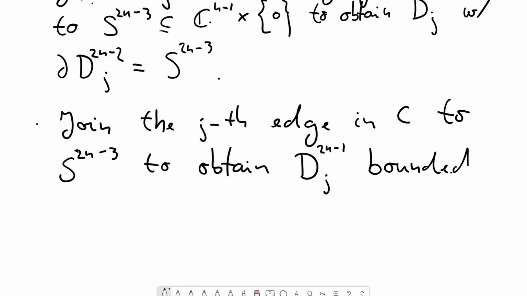So it's bounded by D^(2n-2)_j and D^(2n-2)_(j+1).